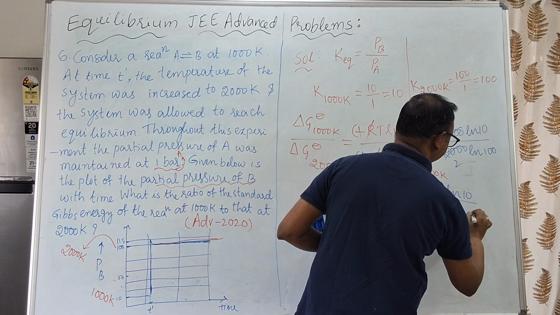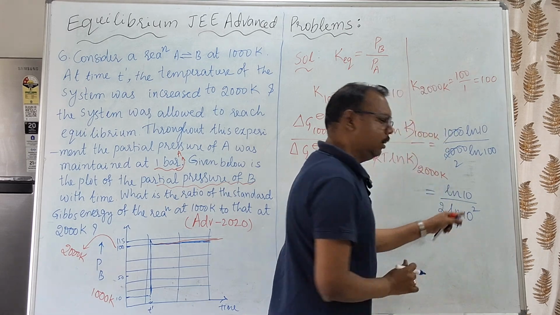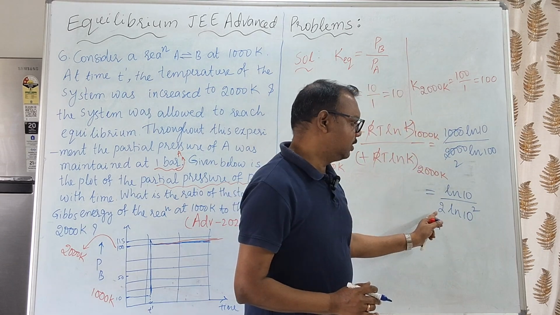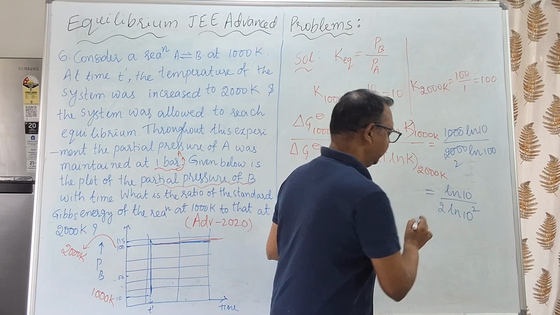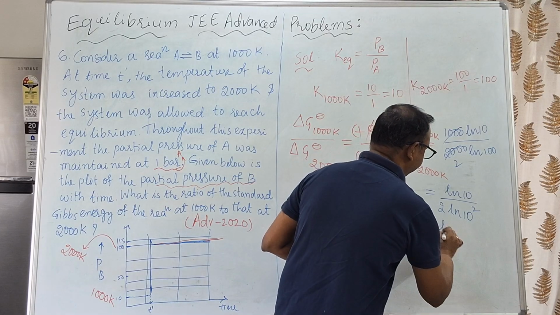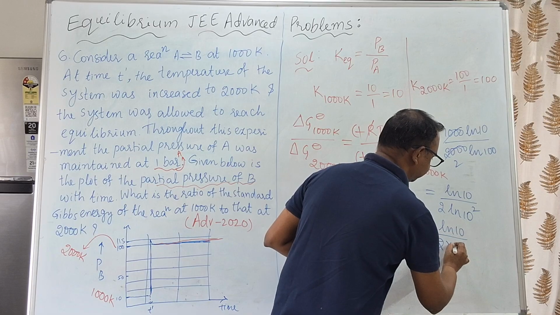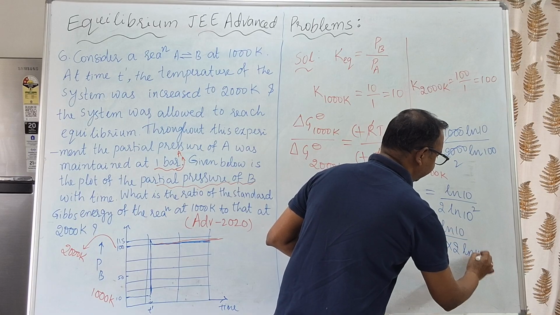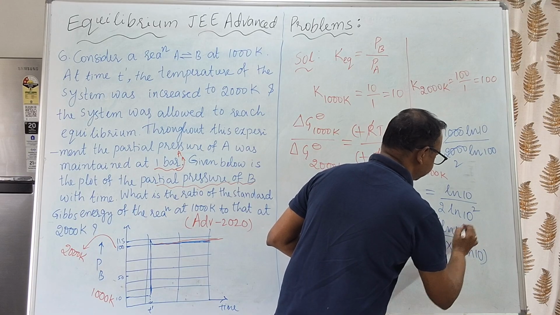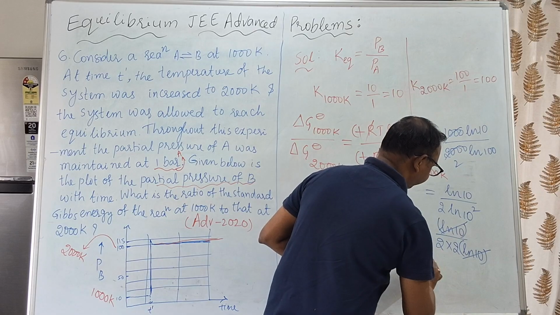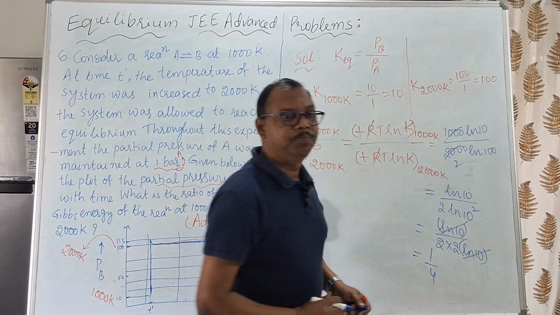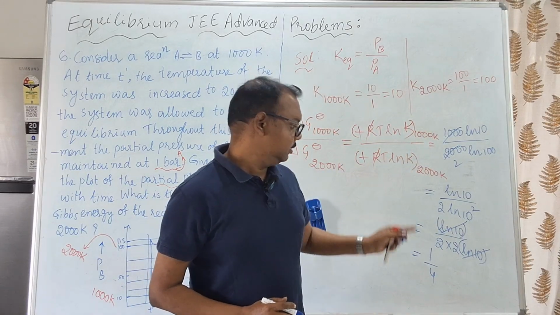The power 2 comes into the multiplication. Therefore, 1 by 2 into ln 10 by 2 ln 10; ln 10 gets cancelled out. And the final value here you will get is 1 by 4. Is that clear?